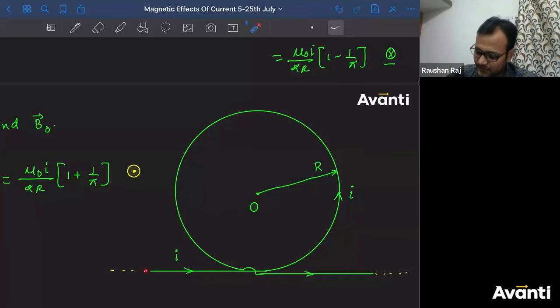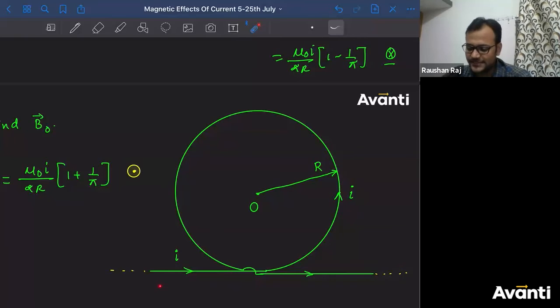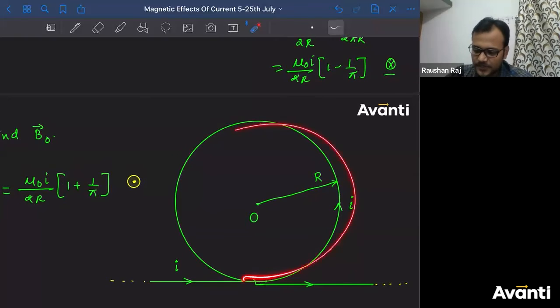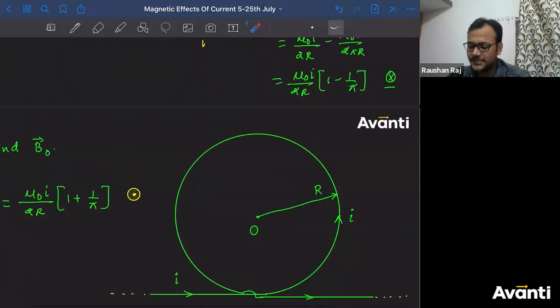Now current is going like this. So in these straight wires, everything is same. There is a change in circular wire only. Before the direction was clockwise, now the direction is anti-clockwise. So direction will change.